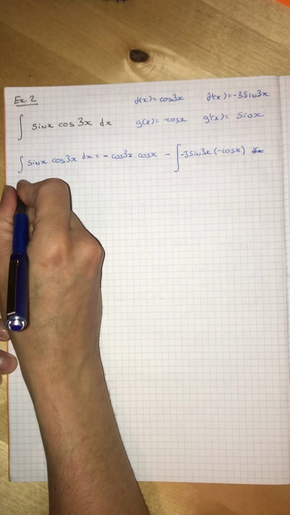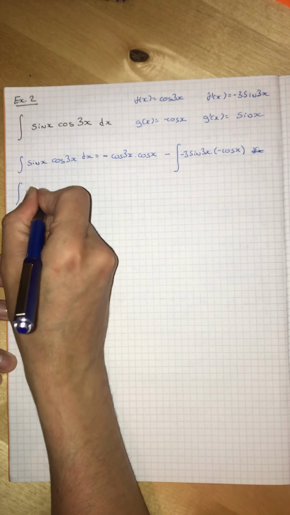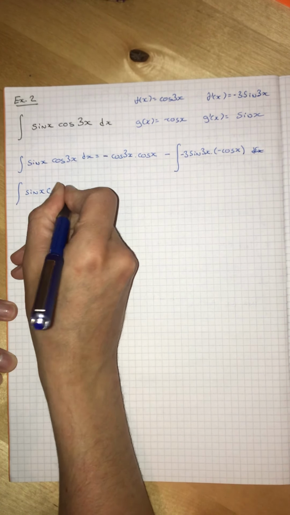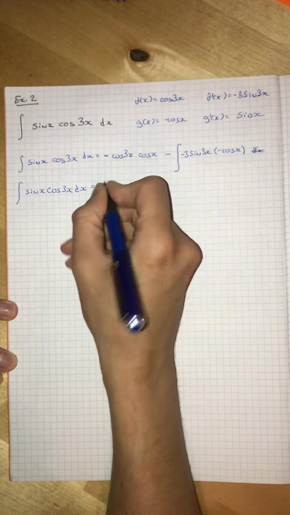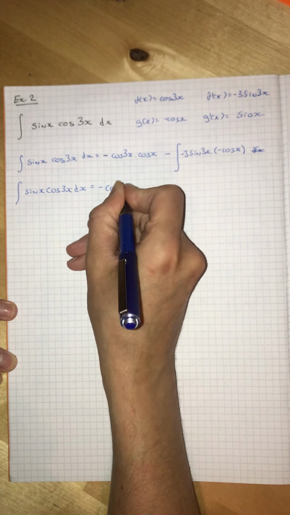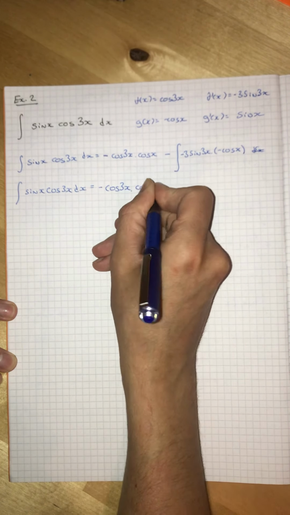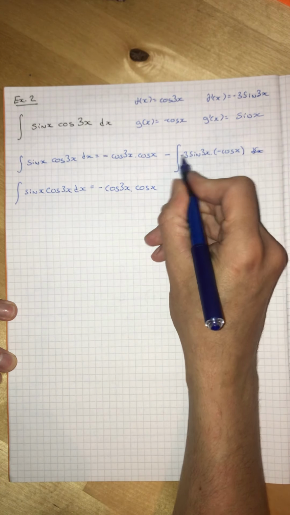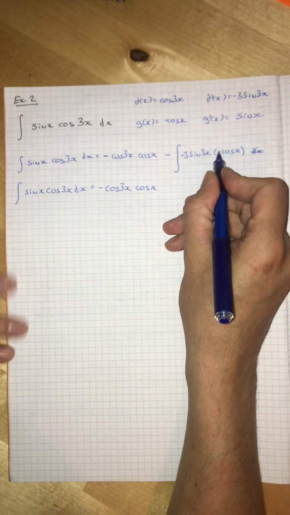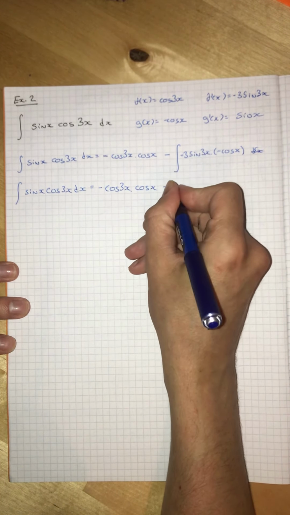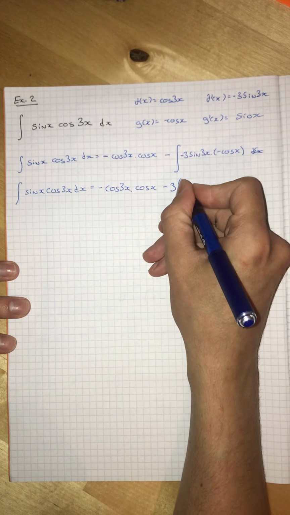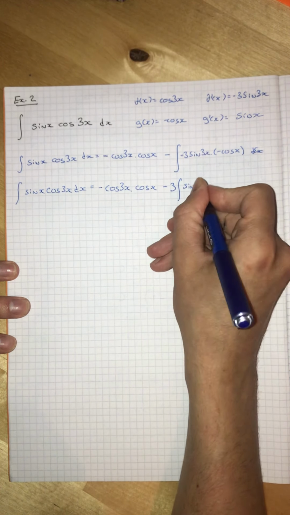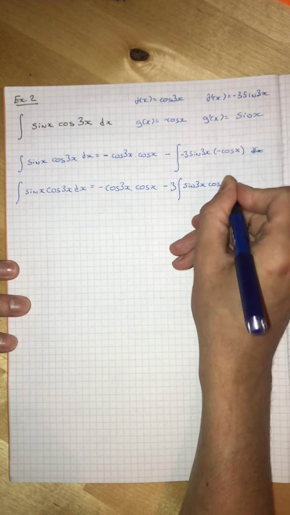Now let's simplify that. So we get negative cos 3x dot cos x. Let's take out the negative, and the 3. So those two negatives are going to cancel out. Take the 3 out, so we get negative 3 integral of sine 3x cos x.